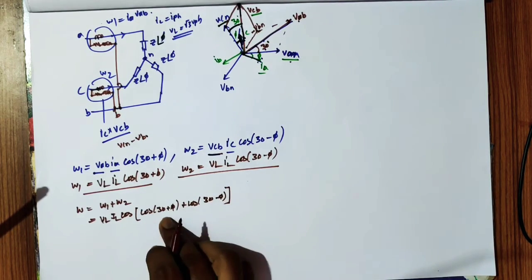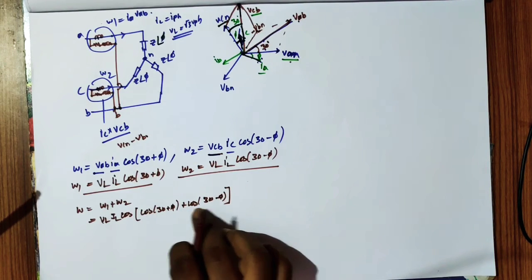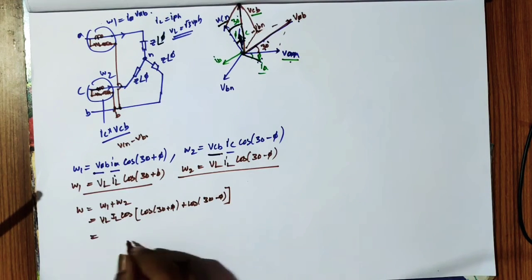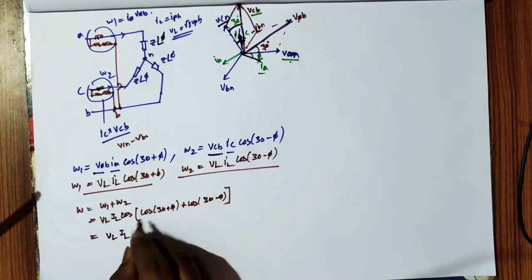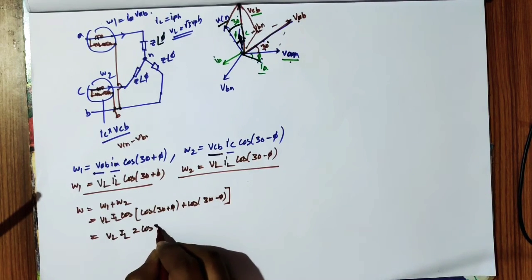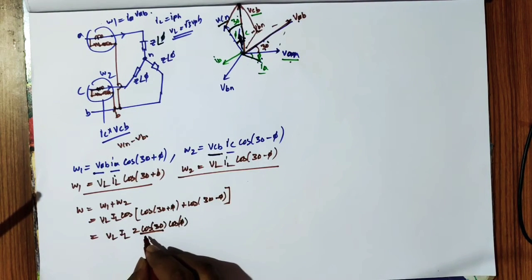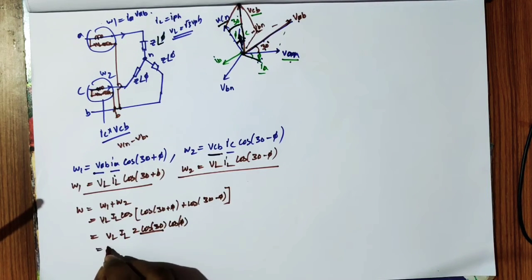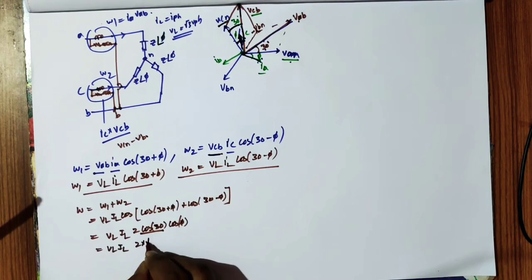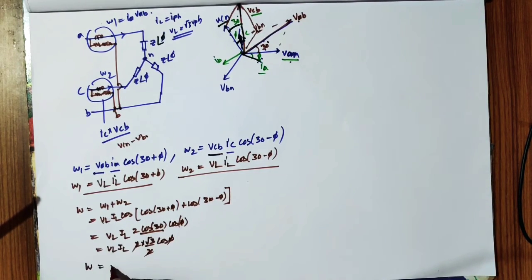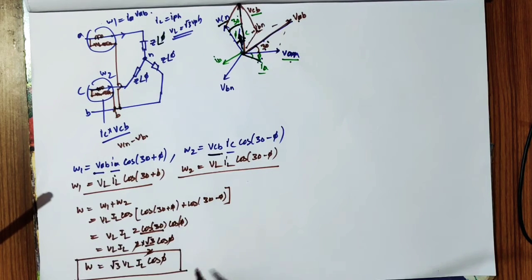This is in the form cos of A plus B plus cos of A minus B, whose resultant is 2 cos A cos B. So we get VL IL times 2 cos 30 cos phi. The cos 30 value is root 3 by 2. So 2 times root 3 by 2 cos phi, the 2 gets cancelled. So total power equals root 3 VL IL cos phi. Finally we obtained the active power.